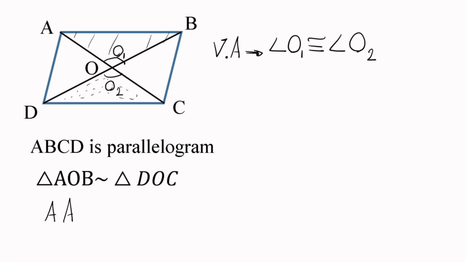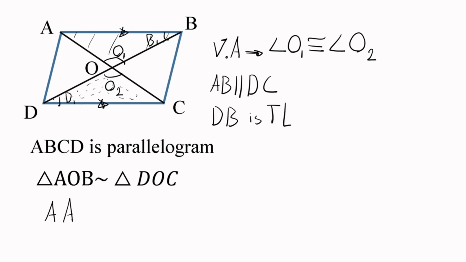And because we have a parallelogram, we know that these two sides are what? Parallel. So I'm going to write AB is parallel to DC. And which one is the transversal line? I'm going to consider DB as the transversal segment. Let's talk about it. I'm going to call it angle D1, and this one angle B1.